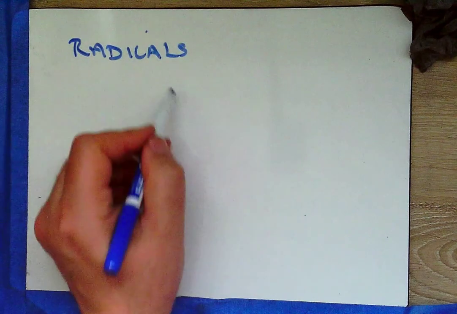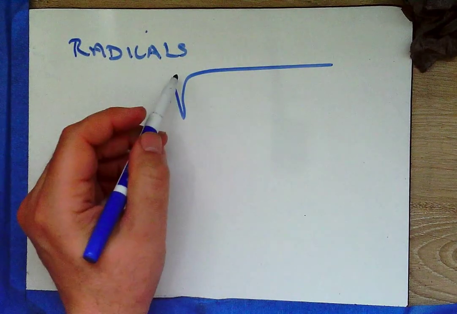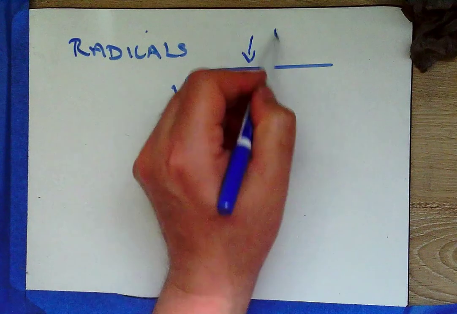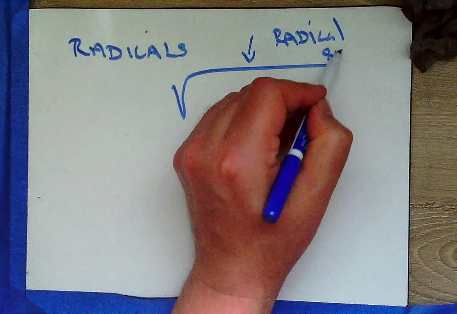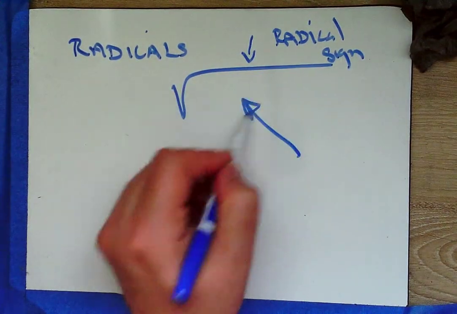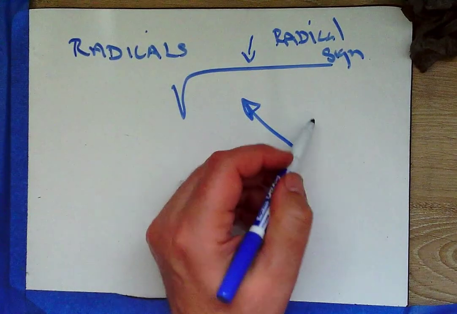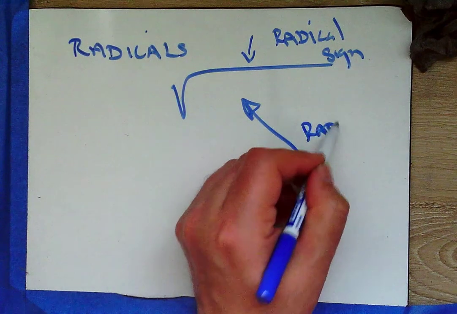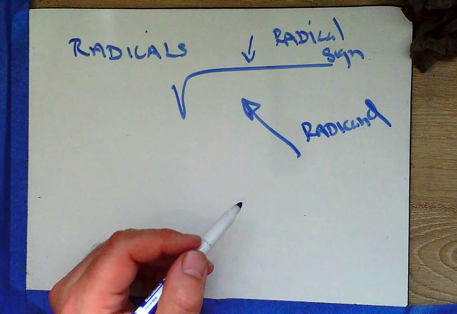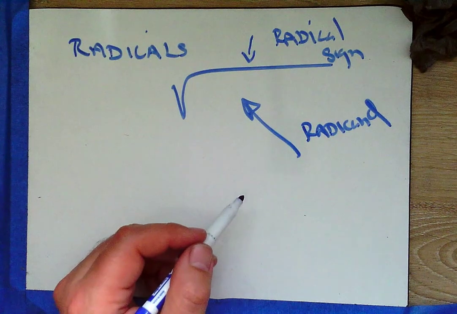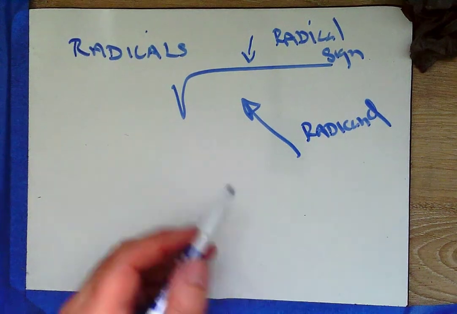There's a little vocabulary associated with this. So that's the radical sign. And what's under the radical, that actually has a name. That's called the radicand. People who get tired of saying the stuff under the radical, they say radicand.